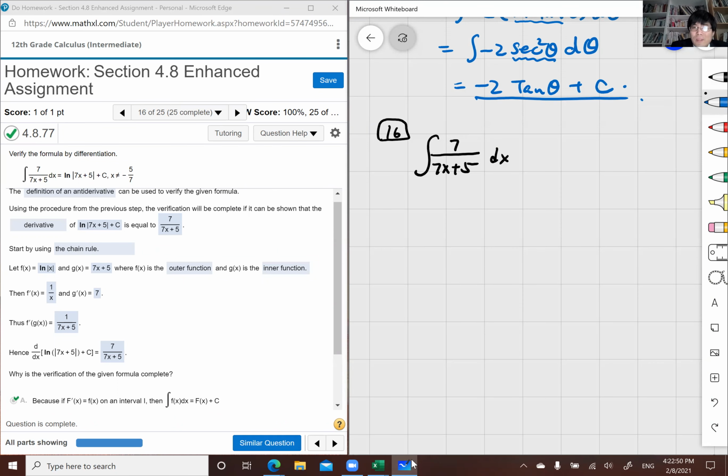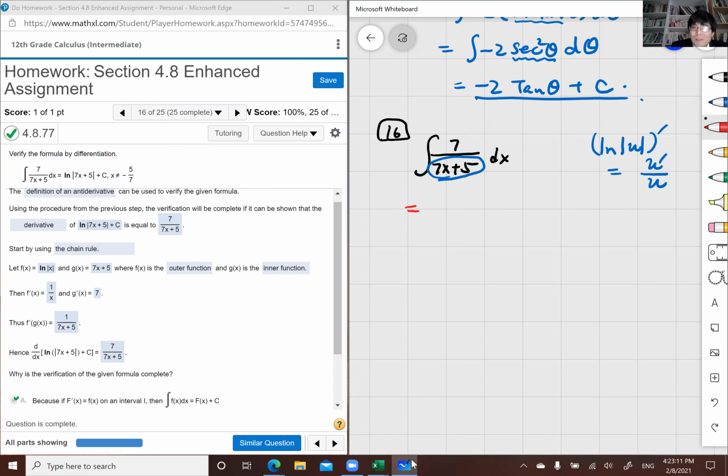So now instead of x, you have 7x plus 5. And remember that the derivative of natural log of u is u on the bottom and u dash on the top. Okay, so this one actually satisfies that kind of form.